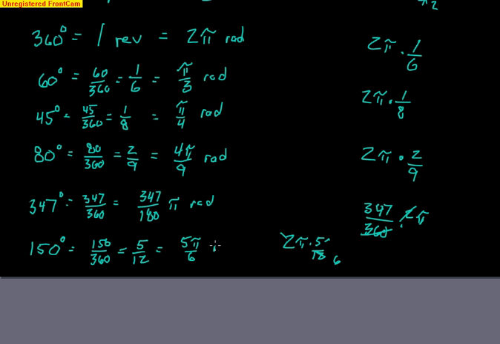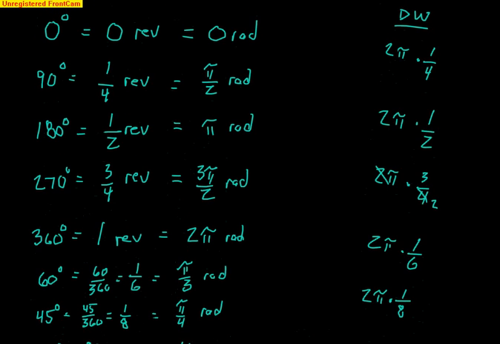So hopefully this idea of radians makes sense to you. It's all about what part of a circle it is, what fraction of the circle. And the key thing we need to know is conversion factors. Everybody knows that 1 foot is 12 inches or 1 mile is 5,280 feet. Those are conversion factors.